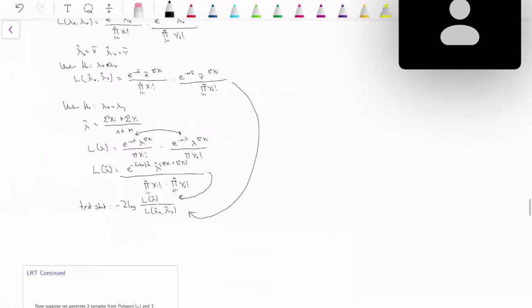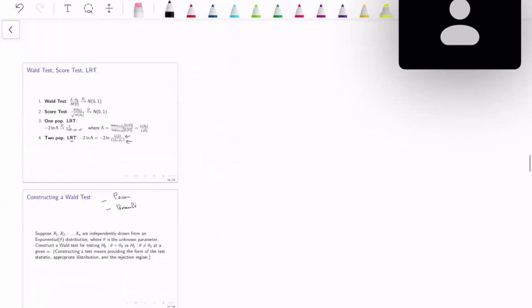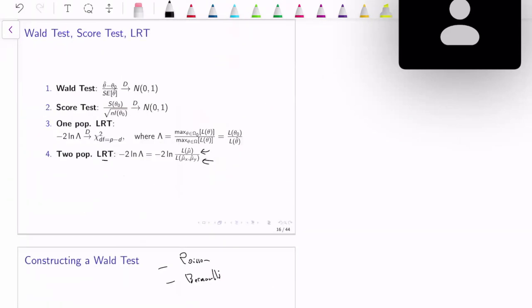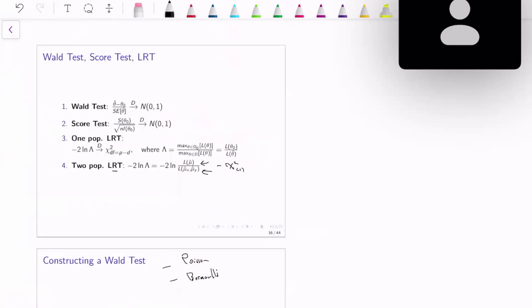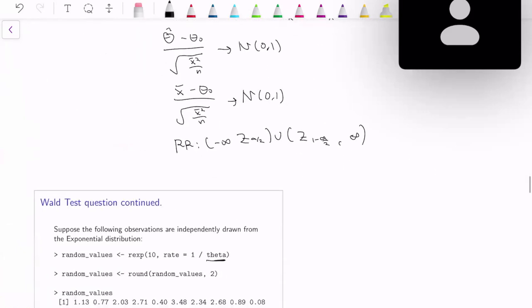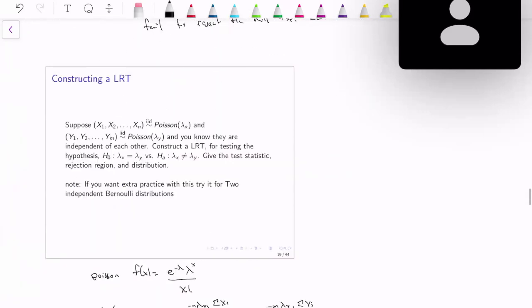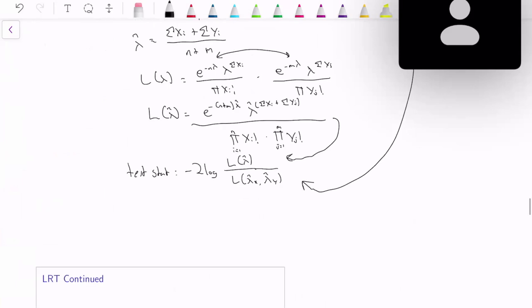I might have briefly mentioned above, but okay, I didn't. This follows a chi-square distribution. I believe chi-squared 1. I want to double check that. I'll just say it follows the chi-squared 1 for now. It is chi-squared, but I'm not sure about the degrees of freedom though.